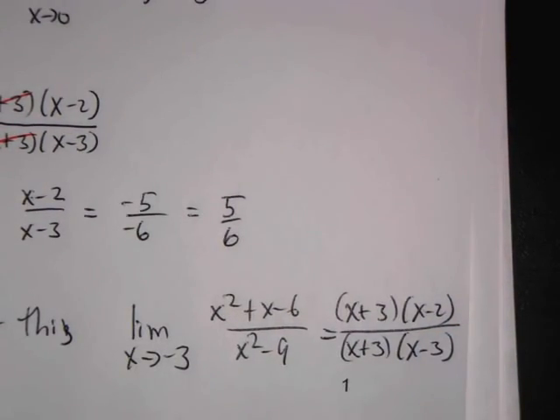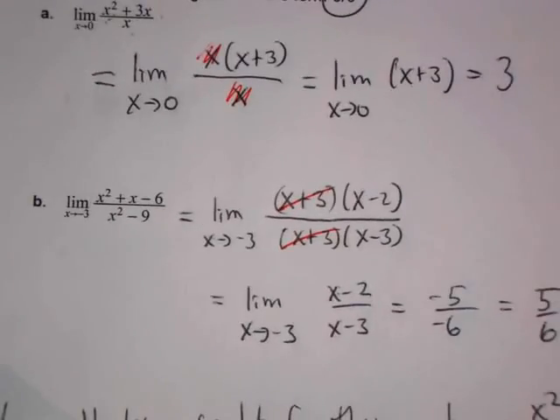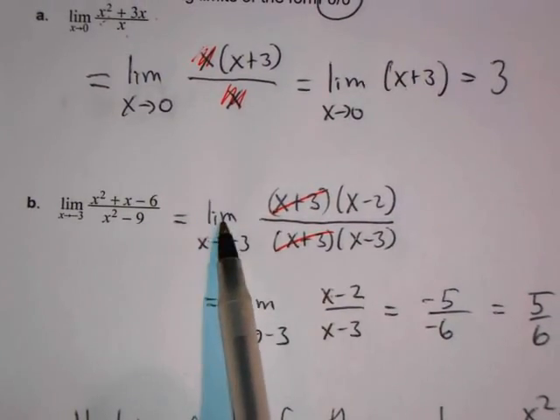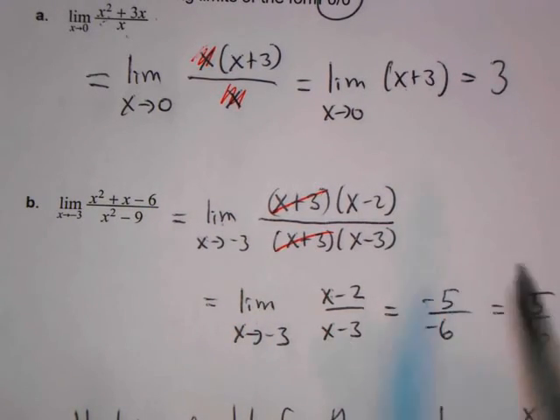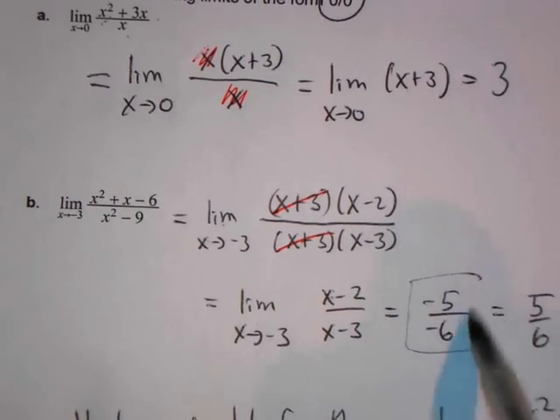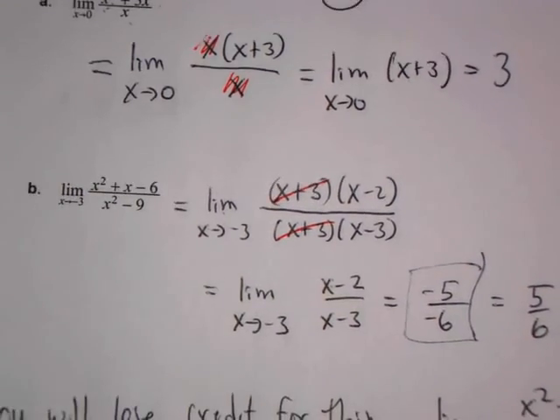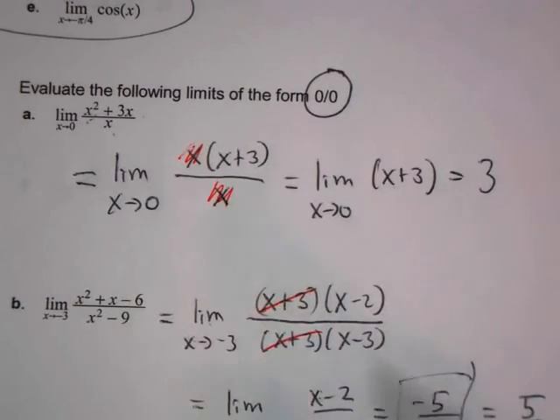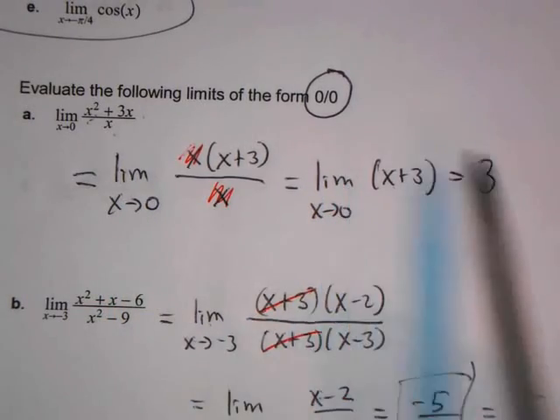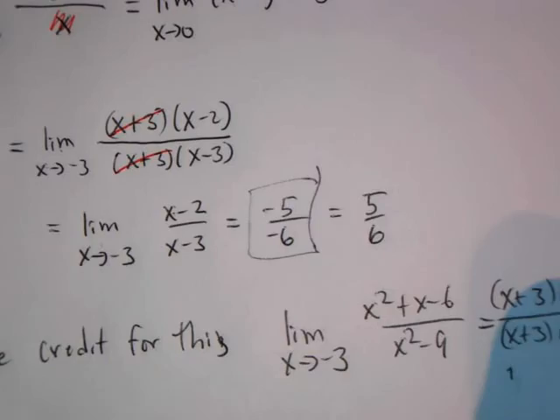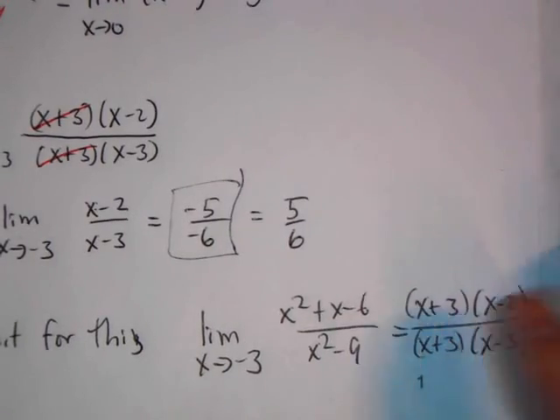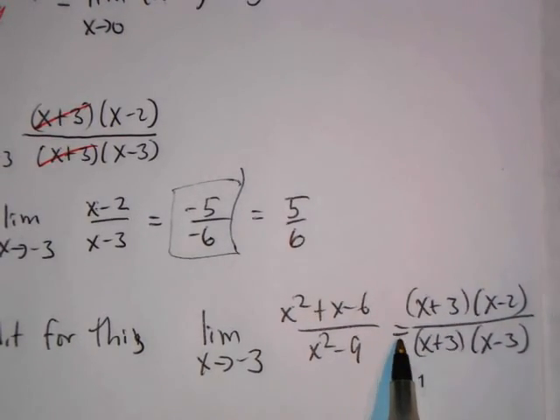Okay? Notice when I did my problem, the notation I used. I wrote the limit symbol each and every time until I was able to get to the point where I was actually able to plug the number in. And notice I did that on the previous problem too. I wrote the limit symbol each and every time until I plugged in the number 0. The issue with this is these things are not equal.